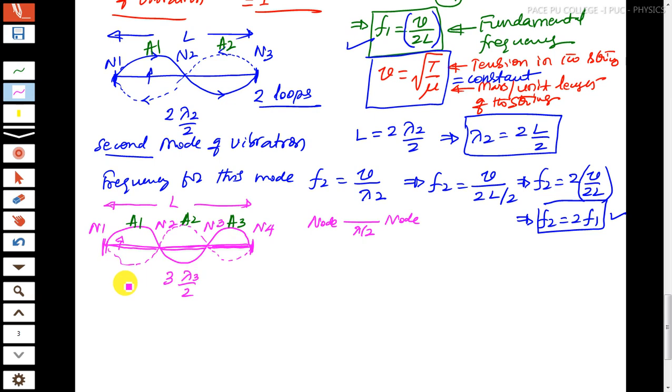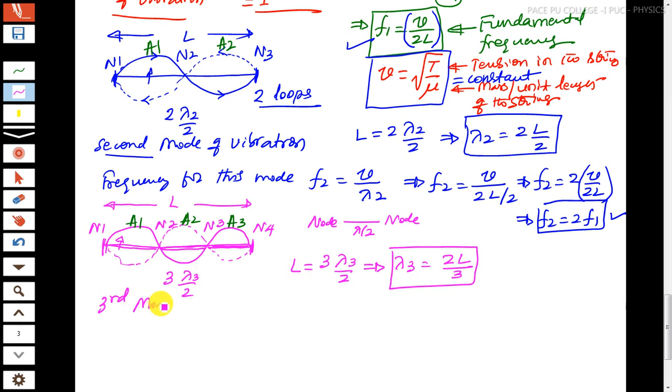That means the total length L is equal to 3 times lambda 3 divided by 2. You can proceed to write lambda 3, which becomes 2 times L divided by 3. So this is lambda 3 that I got, the wavelength corresponding to the third vibration. So this is my third mode of vibration.